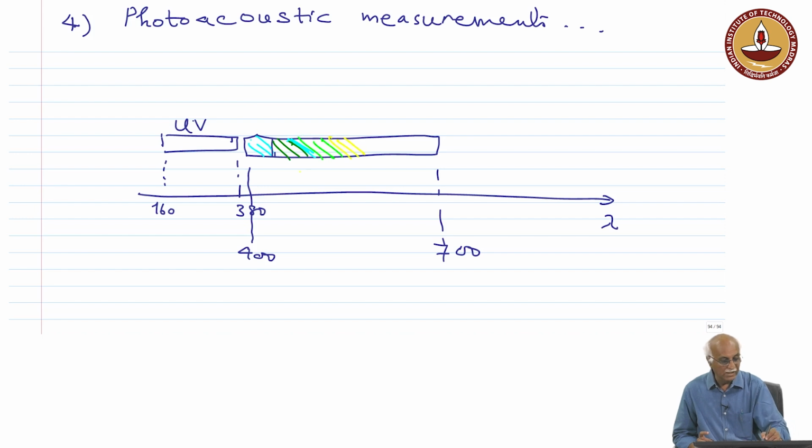This green region is around 500 nanometer or so.